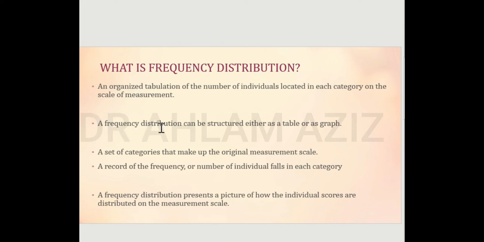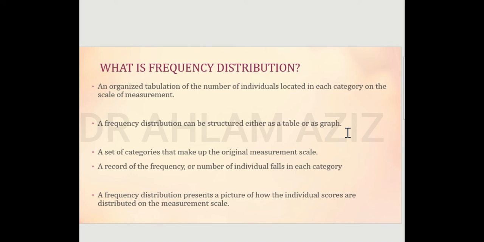Frequency distribution can be structured either as a table or a graph. You can explain the data either in terms of a table or in terms of a graph, structured as a bar chart, histogram or pie chart.